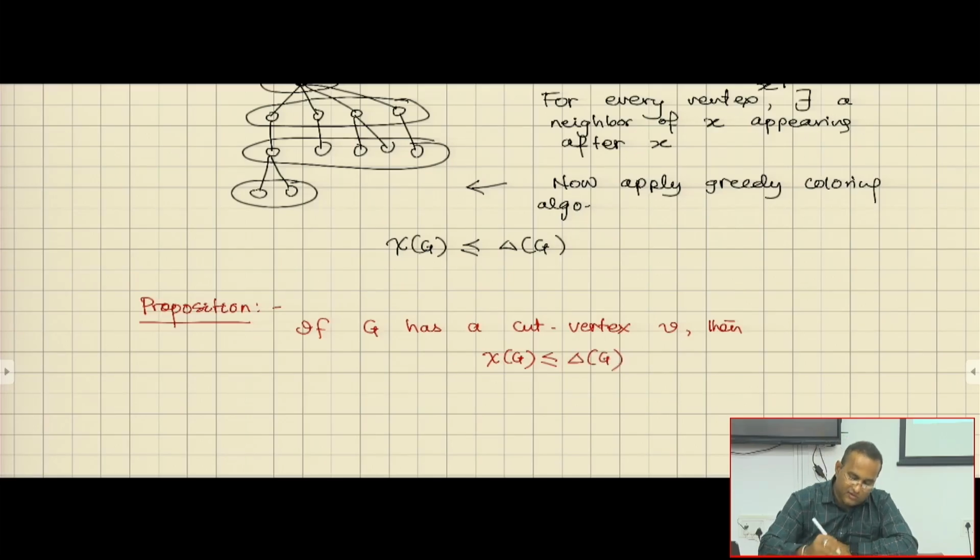Is it true that chi of G is at most delta of G?